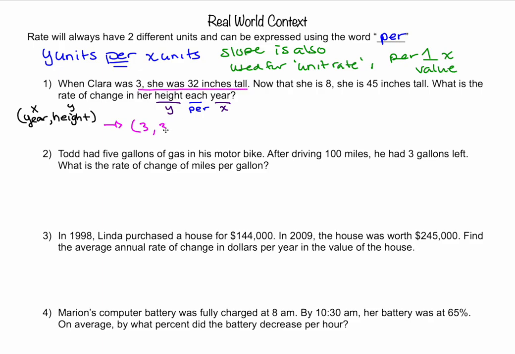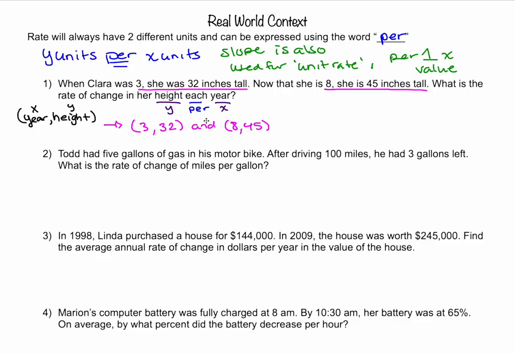That's one coordinate. And again, another year and another height. When she was 8, she is 45 inches tall. So our next coordinate is 8, 45. Because it's 3 years, 32 inches, 8 years, 45 inches.